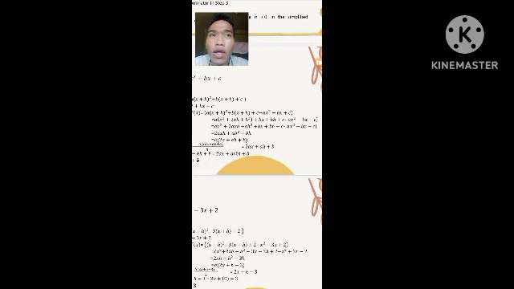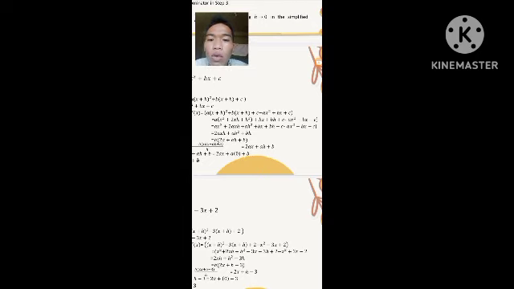So cancel out the same terms with different signs. We have ax squared minus ax squared equals 0, bx minus bx equals 0, c minus c is 0.